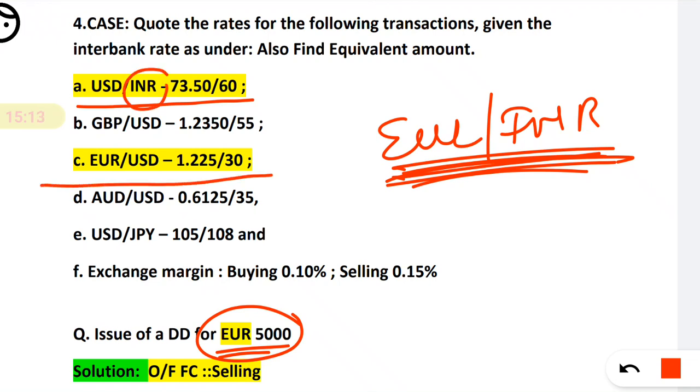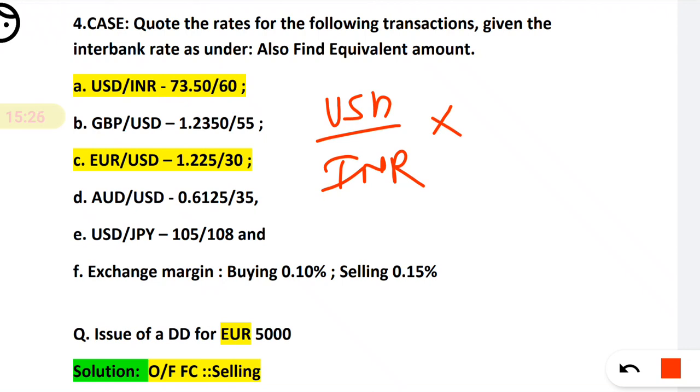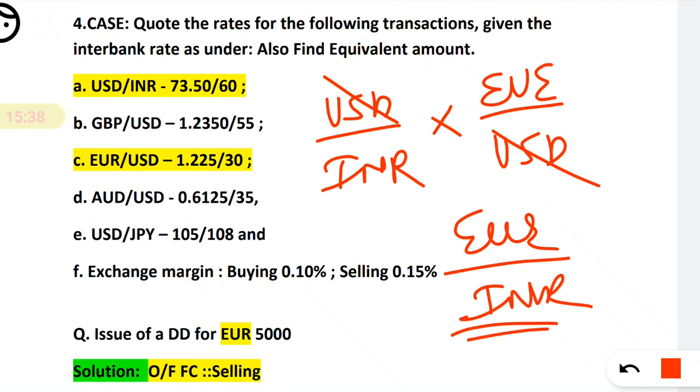So here we get INR, here we get USD, and the common currency USD we can eliminate. So from equation A and equation C, we have USD upon INR as the first equation, and second is euro upon USD. When you multiply, USD will get cancelled, and you will get euro upon INR. So simply by multiplying equation A and equation C, you will get the required rate.